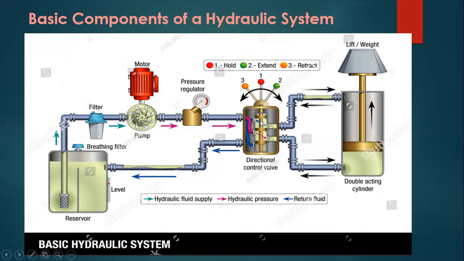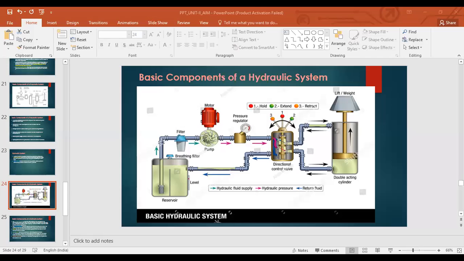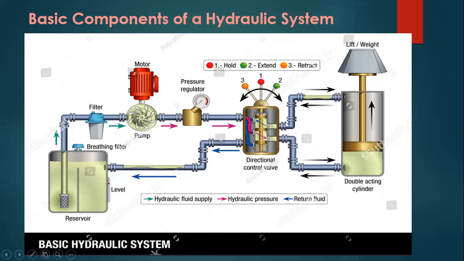So that pressurized fluid will come in, go through this control valve, and the control valve will control whether it is to be sent to the upper pipe or the lower one. Okay, so there is basically, you can say, in and out of fluid in the valve.